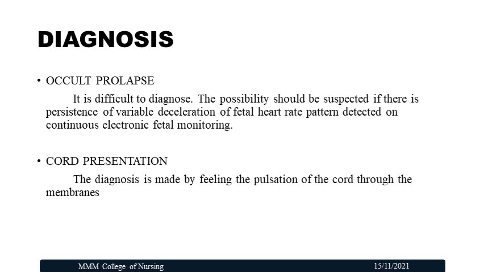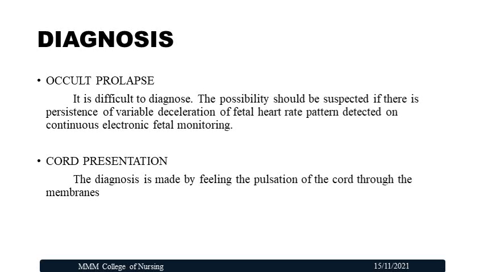The possibility should be suspected if there is persistence of variable deceleration of fetal heart rate pattern detected on continuous electronic fetal monitoring. That is, while doing the NST, non-stress test, if we detect any fetal heart deceleration, in that case we can suspect whether there is any chance of occult prolapse.